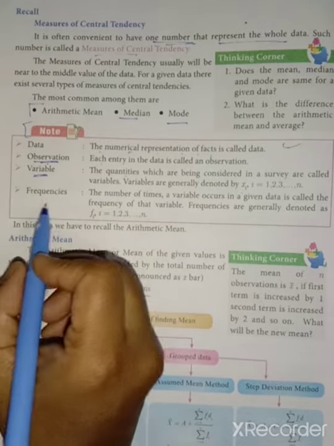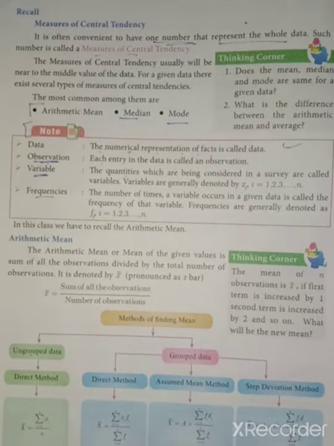Then frequency: the number of times a variable occurs in the given data is called the frequency of the variable. Frequencies are generally denoted by fi, where i is represented as 1, 2, 3 up to n.